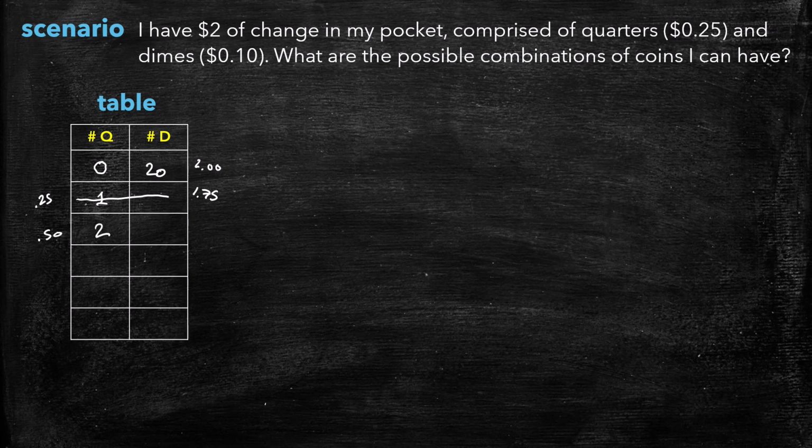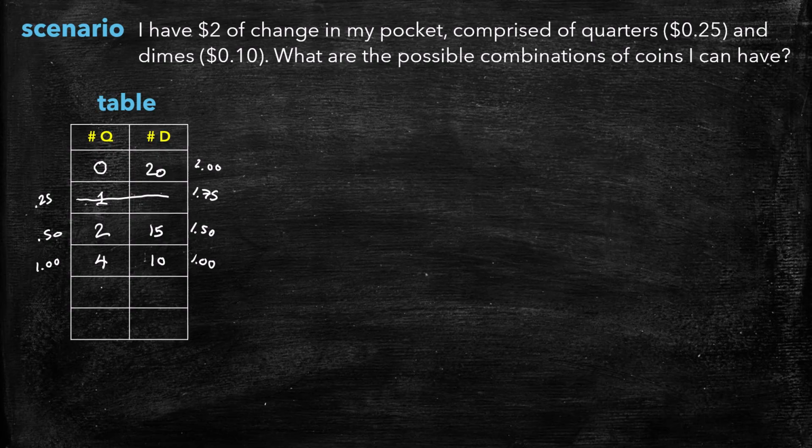That would be 50 cents, leaving $1.50, 15 dimes. 3 quarters, I don't think I can do again because it will leave an odd number for the amount the dimes have to make. So let's go to 4 quarters. 4 quarters would be $1, leaving $1 for dimes, making 10.